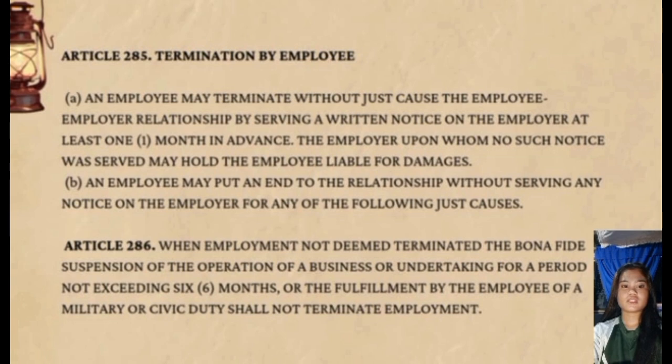So this means there are also certain just causes for an employee to resign, which are specified in other parts of the labor code, such as serious insult, inhuman treatment, or a crime committed against the employee or their family. And now, Article 285 allows employees to terminate their employment without a just cause by giving proper notice.